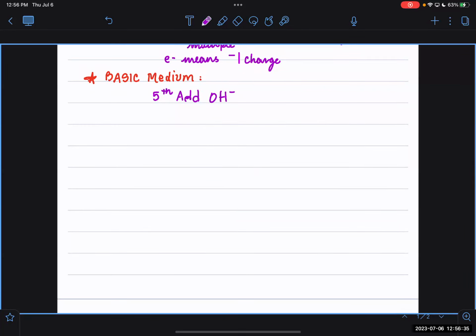So what do these OH ions do? These OH ions cancel out the hydrogen ions that you introduced earlier. Now, how do they cancel out? They make water. Now, there is already some water elsewhere.